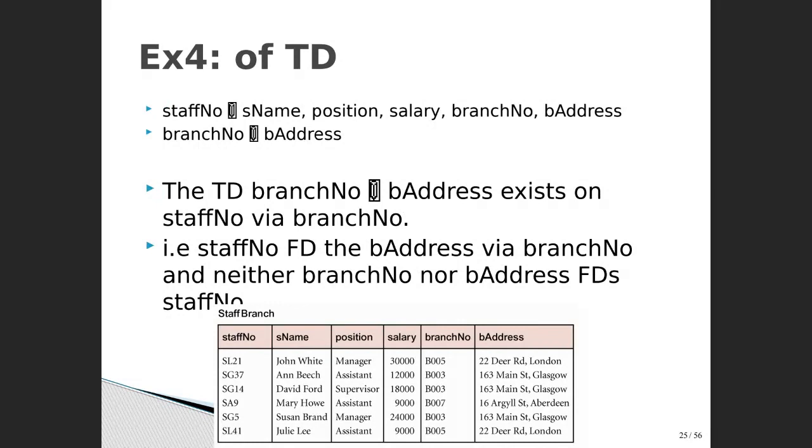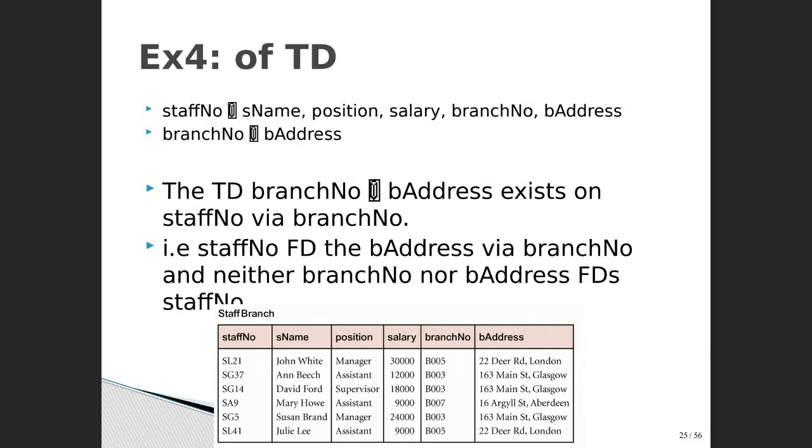Now, if you want to identify the functional dependency, if there is not enough information within the enterprise or user requirements, you need to understand the relationships between these attributes. For example, this staff branch relation is an unnormalized form of the relation. We need to understand the relationship between, for example, staff number, staff name, and branch number.